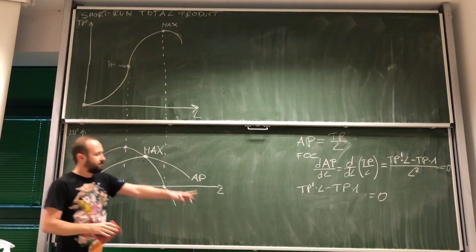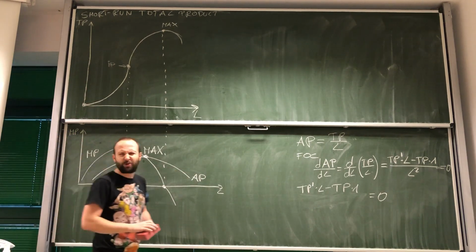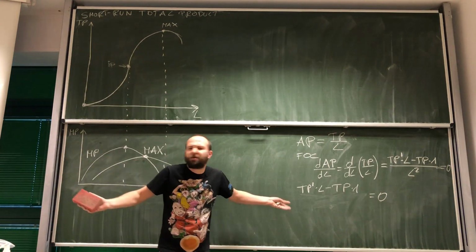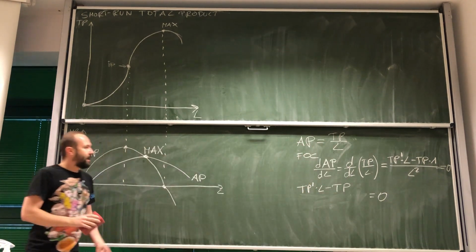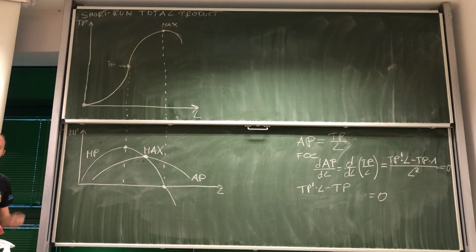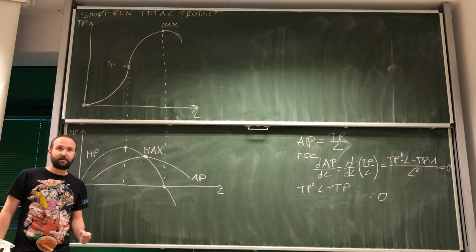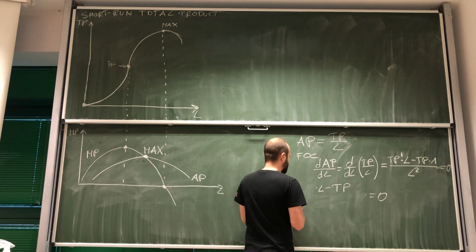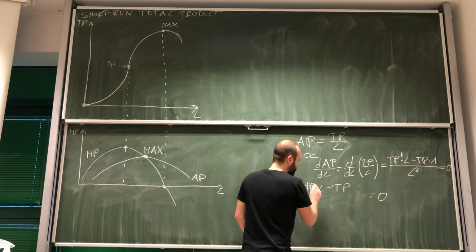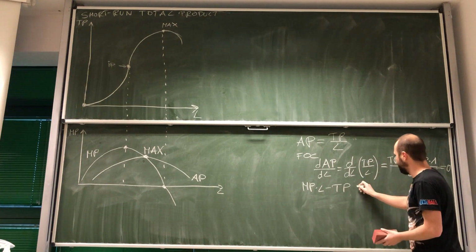Now, this 1 next to total product is also not doing anything here, right? So let's get rid of this. And now, how will I call the first derivative of a total product? Well, this is nothing more but marginal product. Okay, so look, we've got a way simpler equation.